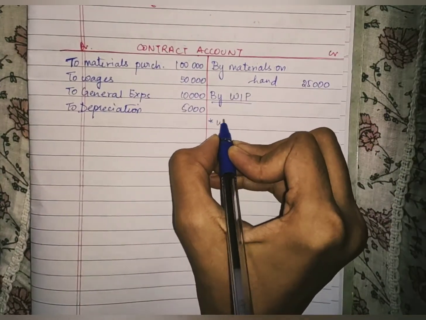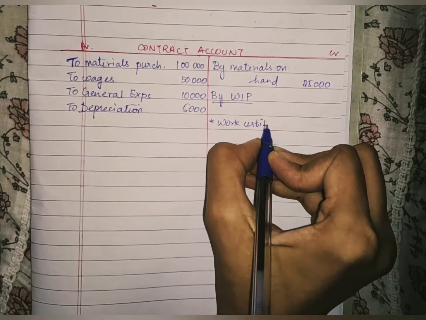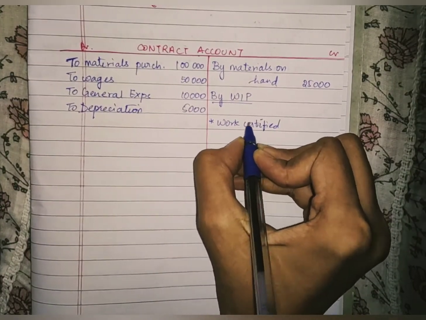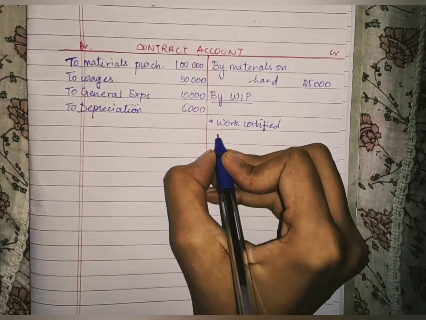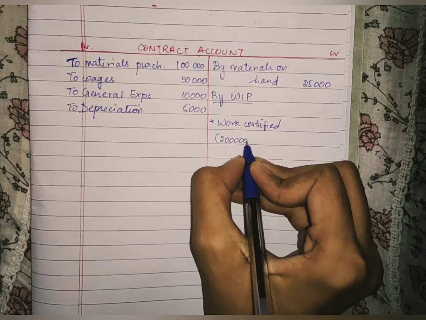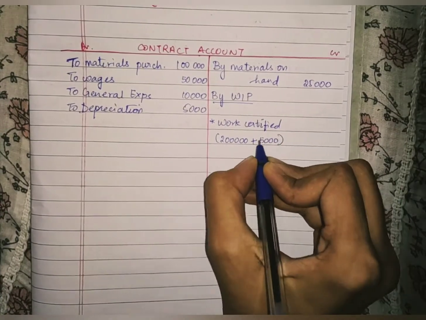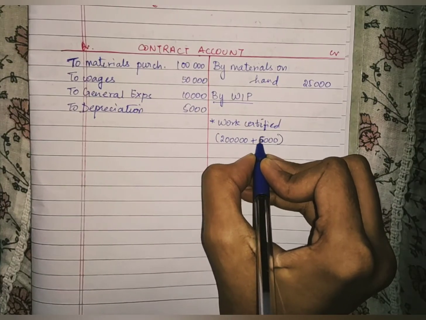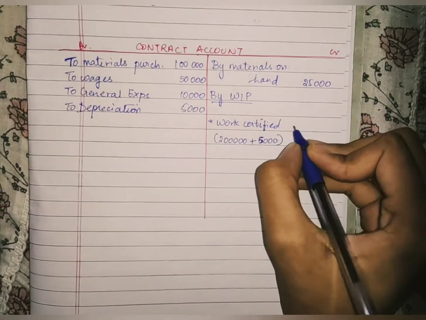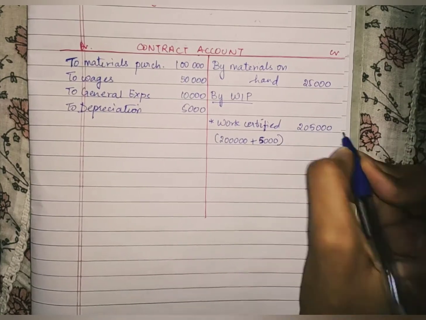First, work certified. So, in work certified, in the question you have been given 2 lakh rupees. Along with this 2 lakh rupees, we will write the 5,000 which we calculated as the escalation cost. This 5,000 will be added and the total work certified will be 2,05,000 rupees.